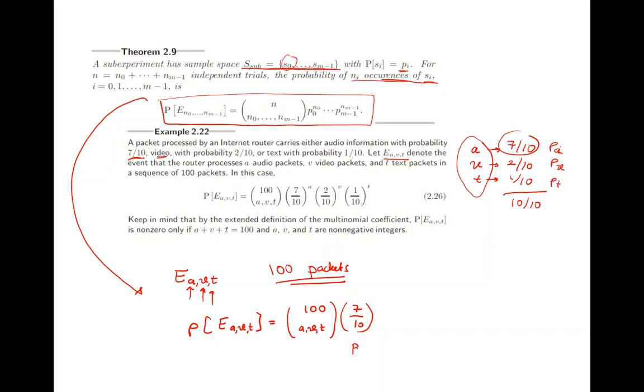So this is PA to the power A, the number of audio packets, 2/10 to the power V, the number of video packets, which is PV here, and 1/10, which is the probability of text packets. So we can determine the probability of AVT. Okay?